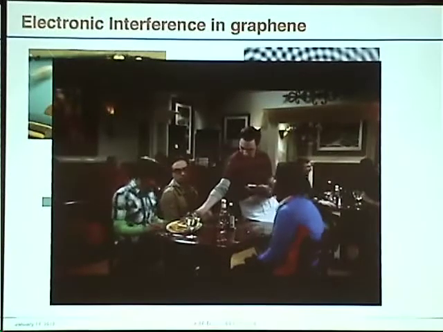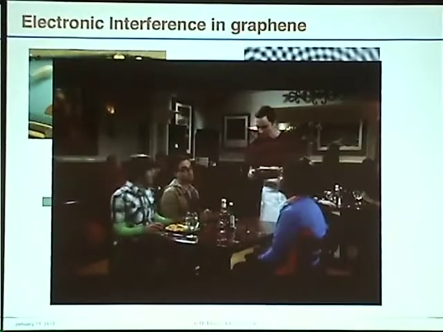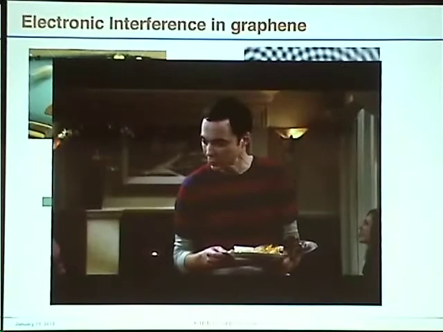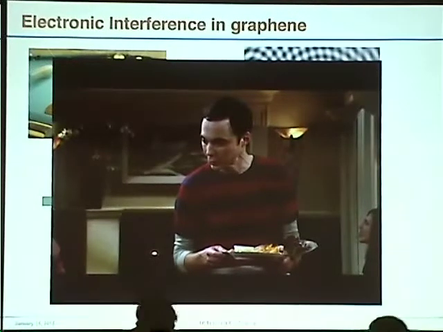Cheeseburger, breaking two Jewish dietary restrictions simultaneously. Wait just a minute.